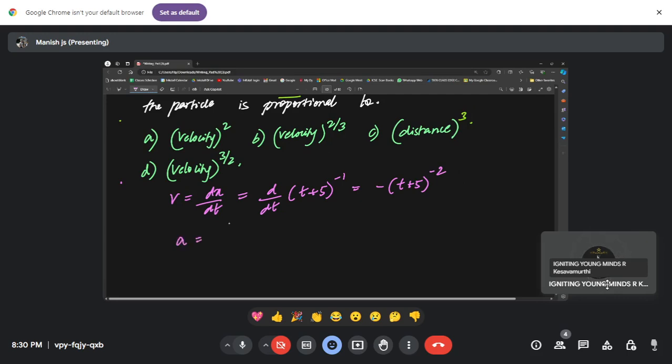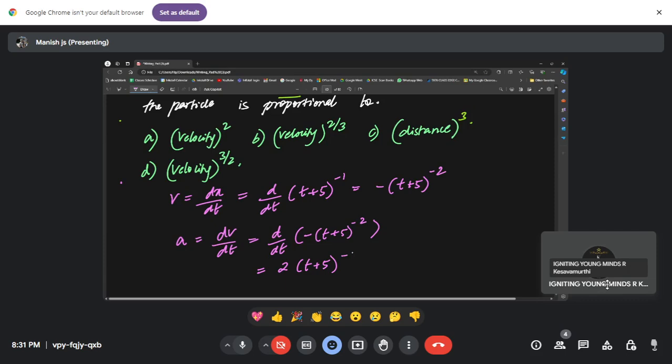So acceleration I am substituting as the rate of change of velocity, which is dv by dt, that is d upon dt of minus (t plus 5) whole to the power minus 2. You differentiate this by chain rule, children, you will get 2 times (t plus 5) whole to the power minus 3. So that is the value of acceleration.